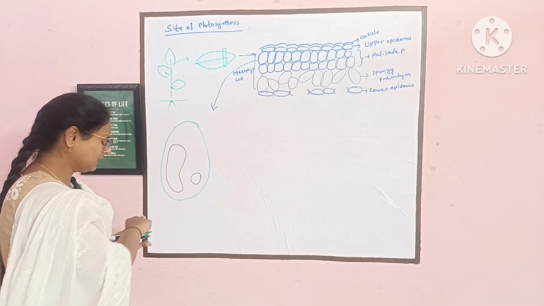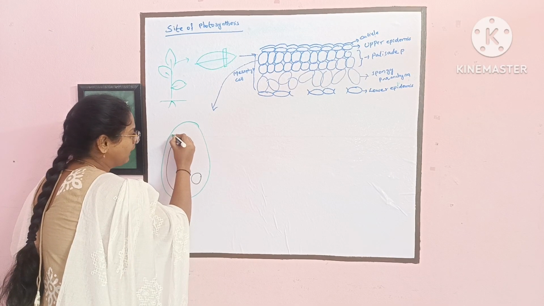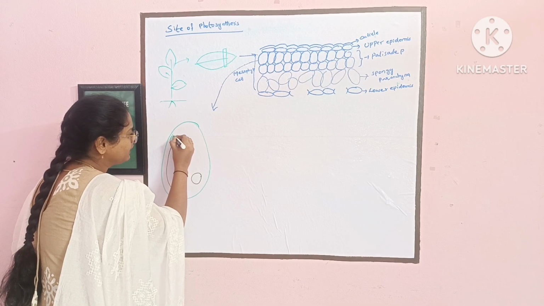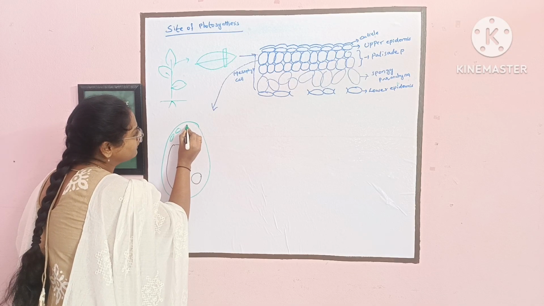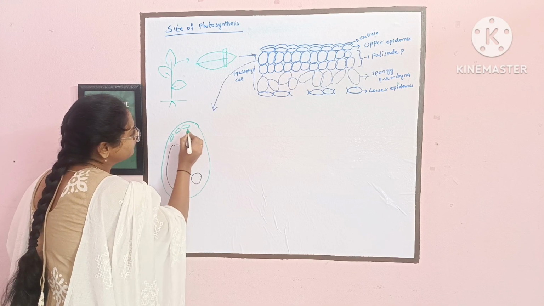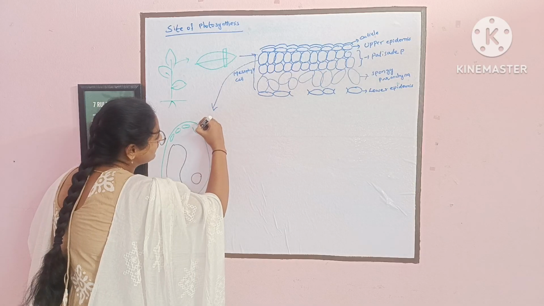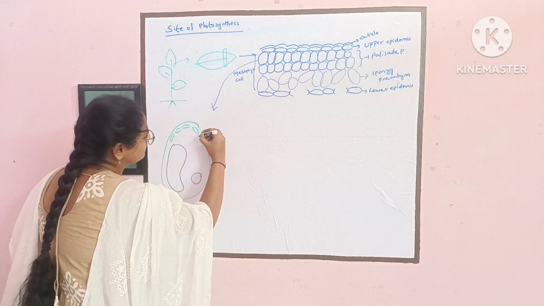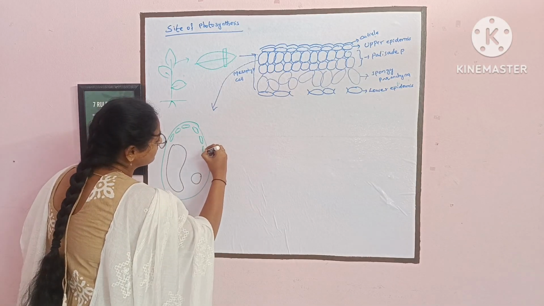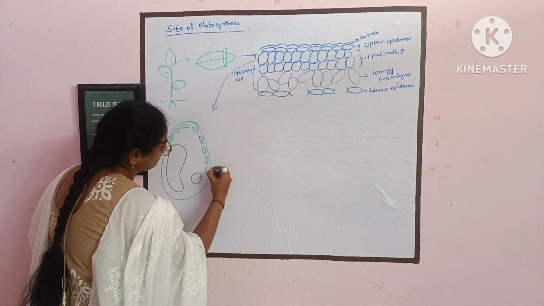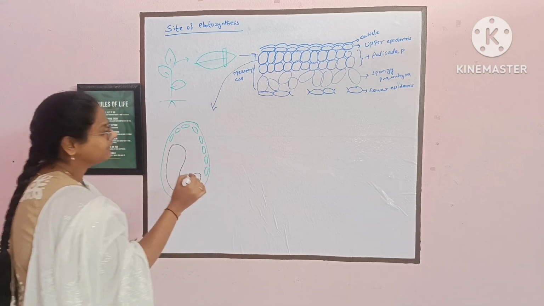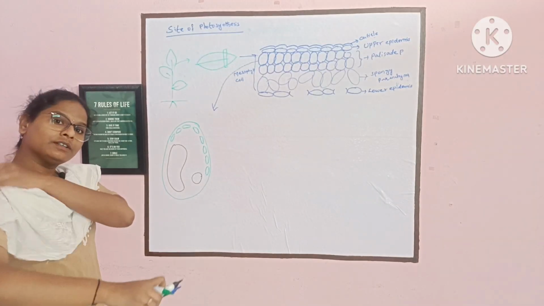Now, chloroplasts are located just beneath the cell wall. So this is chloroplast, just below the mesophyll cell wall. How are they located?